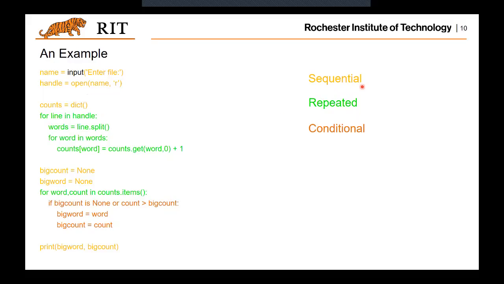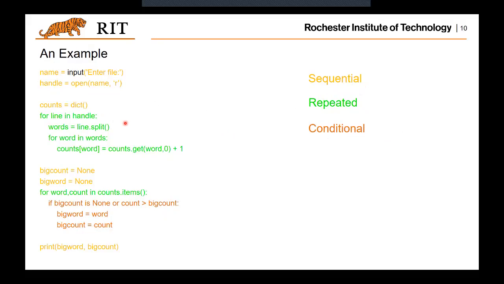This color represents the sequential code, this green color represents the repeated code, and this light red, magenta, I don't know, this color represents the conditional code and conditional flow.